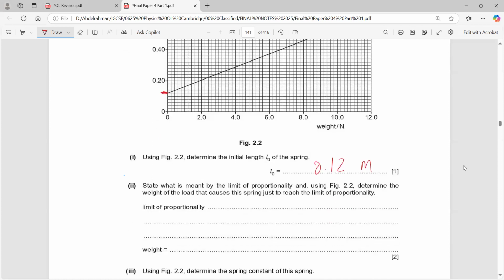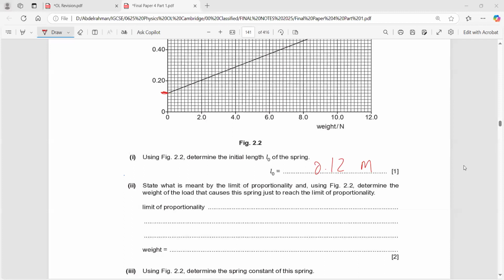State what is meant by the limit of proportionality. We need to define the limit of proportionality. It's a point at which, if the force increases above this limit, what happens? The spring is no longer obeying Hooke's law. The spring is no longer directly proportional.